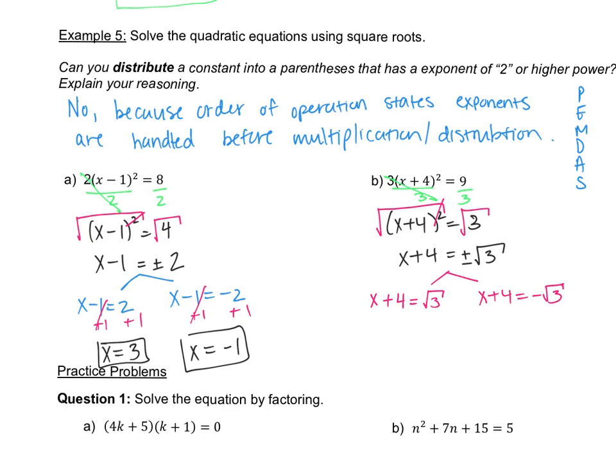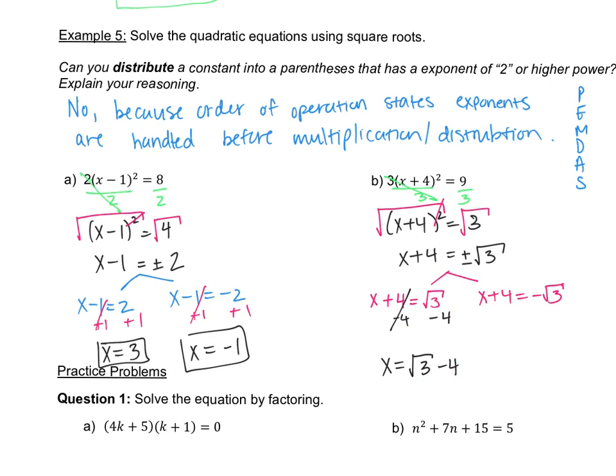So from here, I want to move the 4 over by subtracting. So this cancels. I have x equals root 3 minus 4. Now this 4 is not under a root, so I'm just going to carry it down with the root of 3. So when you have a number that's not under a root with a number that is under a root, just treat them like they're not like terms.